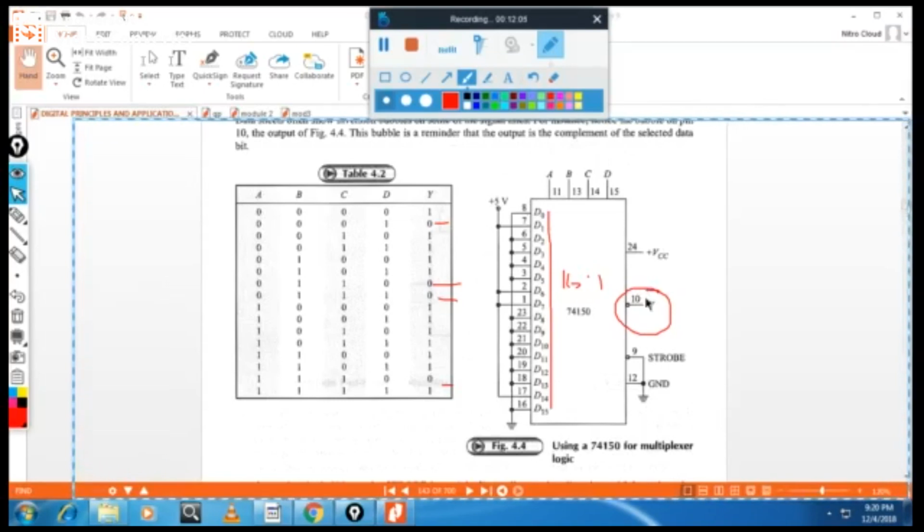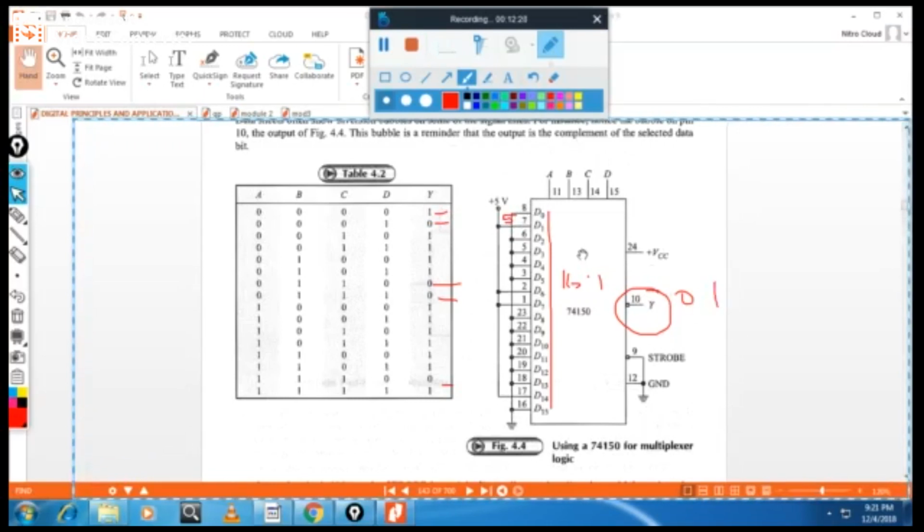If I connect the data pin internally to 5 volts, active low means the output you will get is 0. Are you getting my point? If D0 should actually be 1, I connect it to 0, ground, then the output I will get is 1.